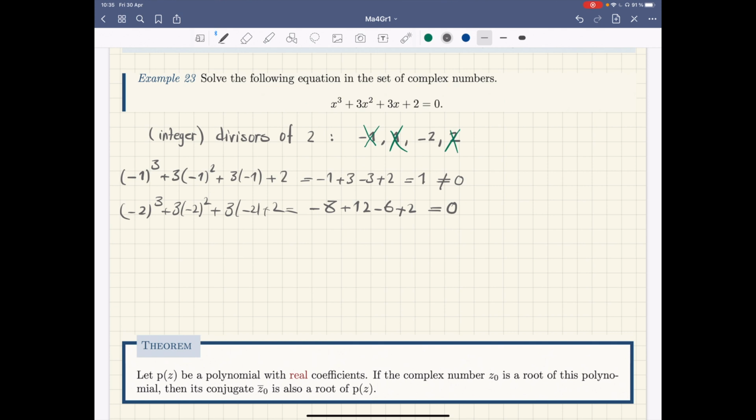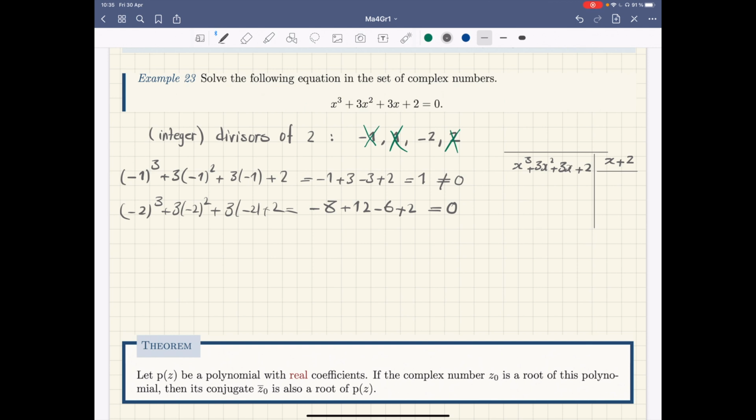I write x to the 3 plus 3x to the 2 plus 3x plus 2, and I divide this expression by, can you tell me what? x plus 2, thank you, because I realized that -2 is a root, so x minus (-2), which is x plus 2, is a factor.